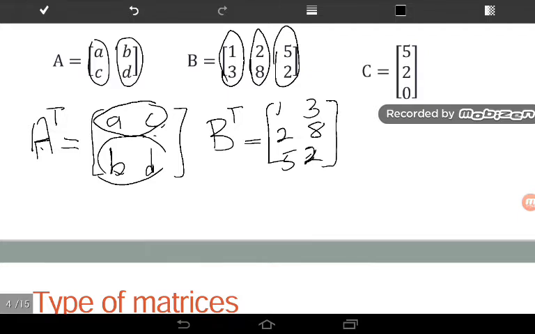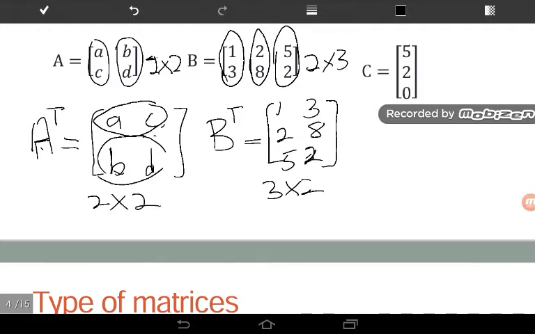Now the shape of the matrix has changed. Before, matrix B was 2 by 3, so now B transpose is 3 by 2. Matrix A was 2 by 2, so A transpose is 2 by 2.